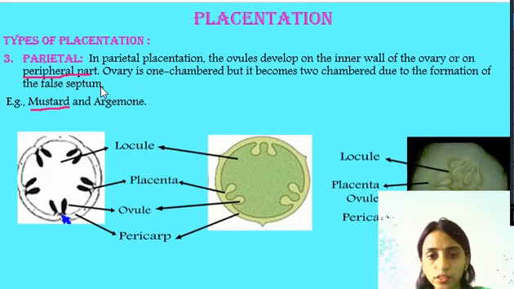So how can you define the parietal placentation? In parietal placentation the ovules develop on the inner wall of the ovary or on the peripheral part.